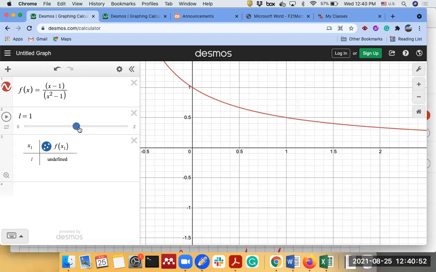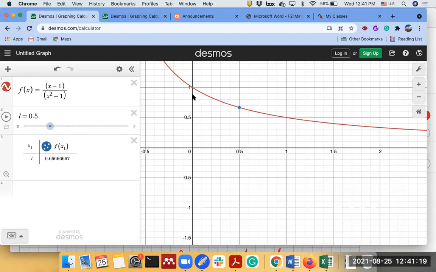Okay, at 1, it is not defined, so you don't see it here, right? But suppose the value runs from 0 to 1, you see that the point is approaching that missing point, right? And when x approaches 1 from the left, it means that it goes from smaller than 1 to 1.